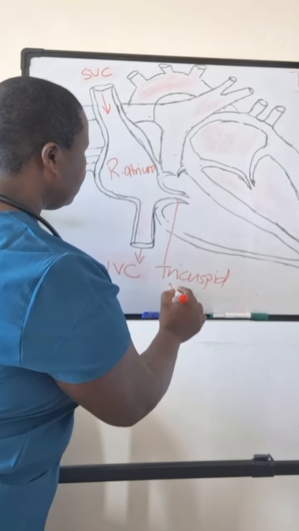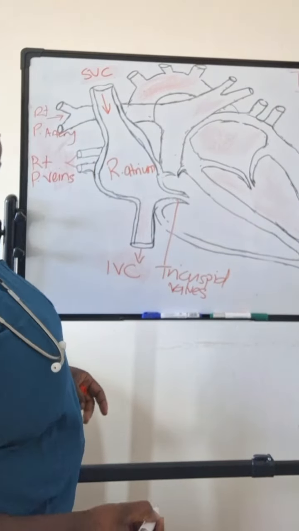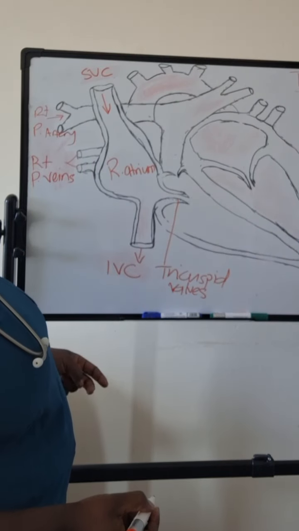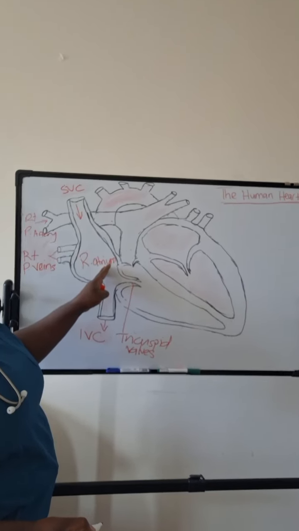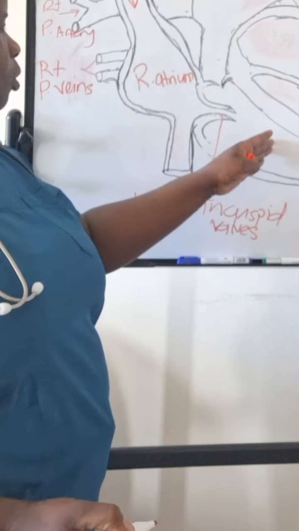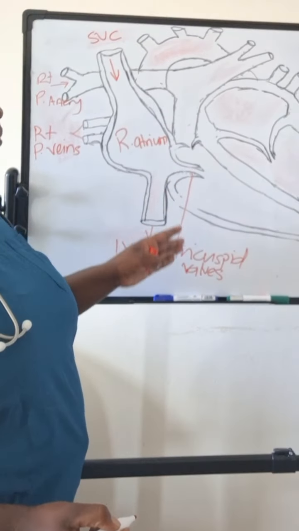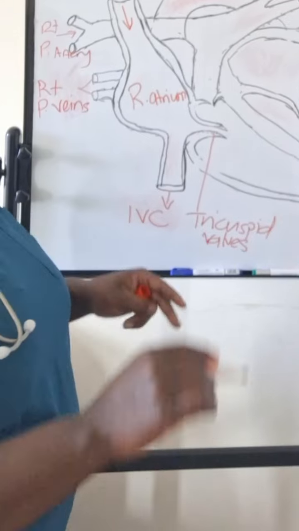The tricuspid valves control movement of blood, and it opens when pressure builds up in the atrium and allows blood to go into the right ventricle. It controls movement of blood and allows it to flow in one direction.